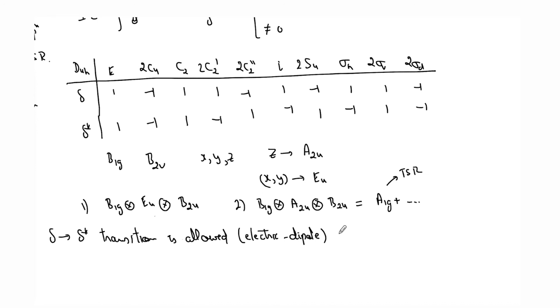Electric dipole allowed with Z polarization, because we found the totally symmetric representation only in the Z integral. The other integral, which was the XY integral, we did not find A1g.